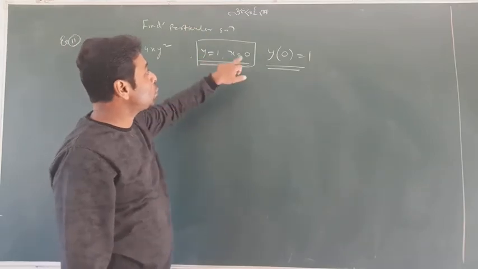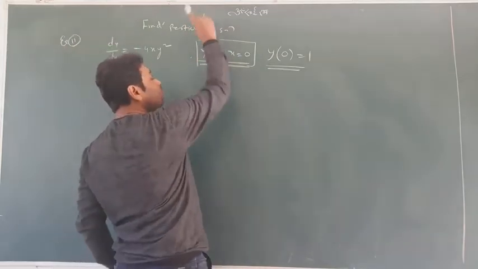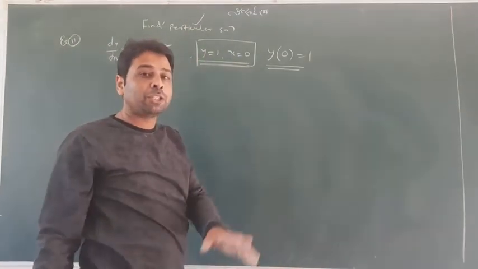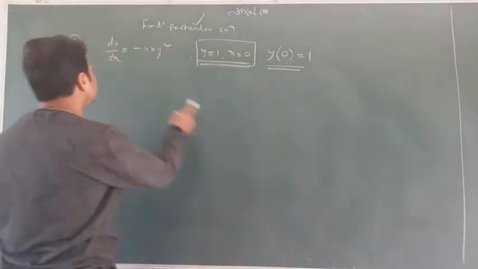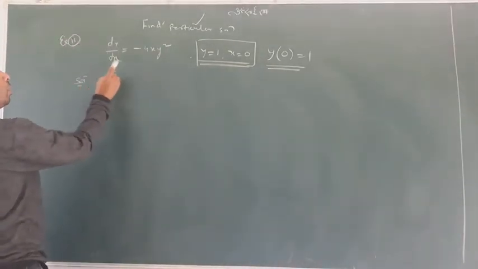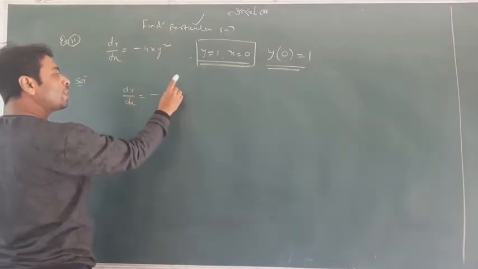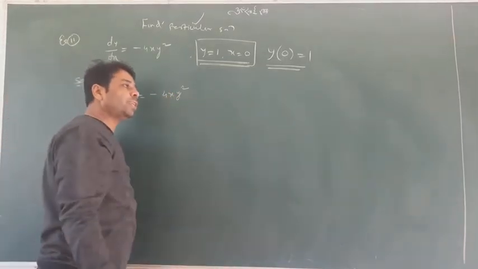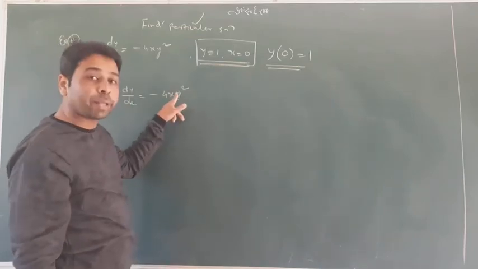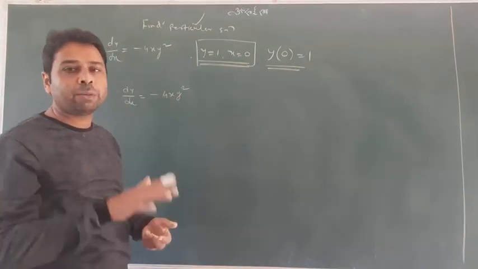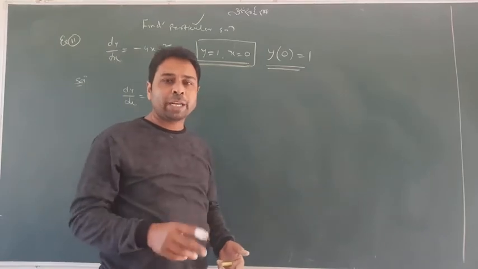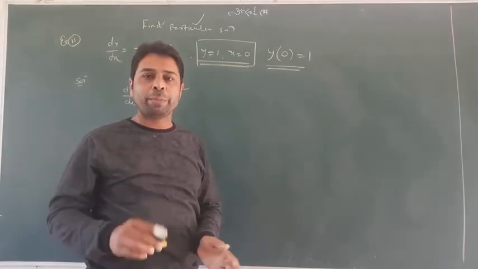Now let me explain something more. Whenever these situations are given, you would be asked for the particular solution. And what is a particular solution? I will tell you here. Look at the solution. We have dy by dx is equal to minus 4xy square. It is the term of x and y in multiplication. When the terms of x and y are in multiplication, we will use the variable separable method.